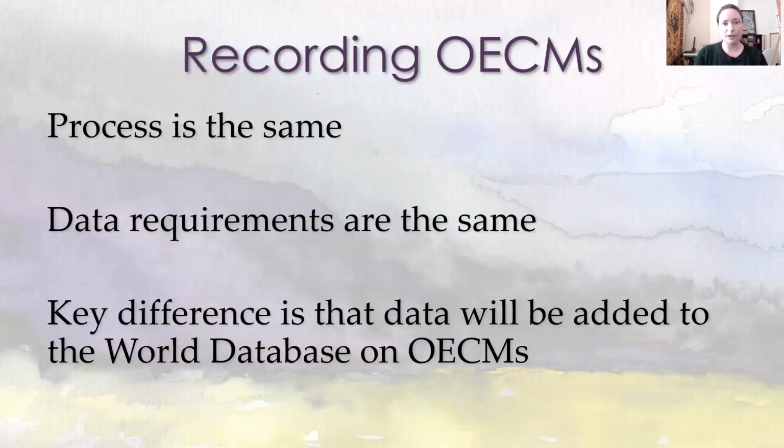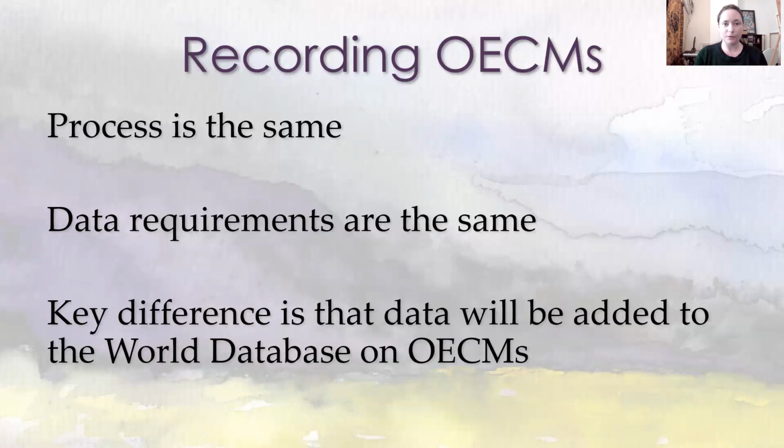If you are a private landowner and you conclude that you are managing an OECM, then the process is the same as the one that I described earlier for privately protected areas. So the data requirements are the same, apart from just a couple of differences in the tabular data that we require. You can, again, report directly or via the national government or via a third party.